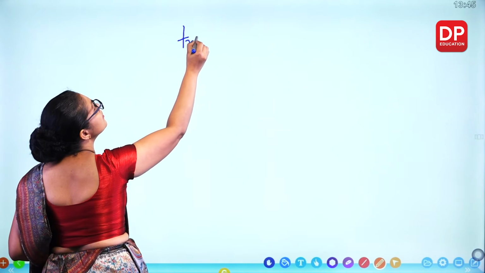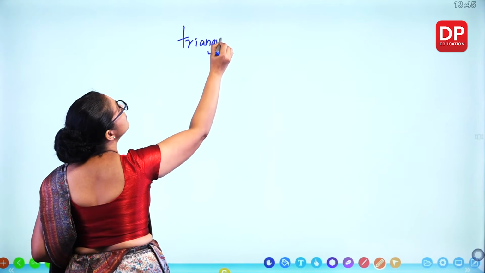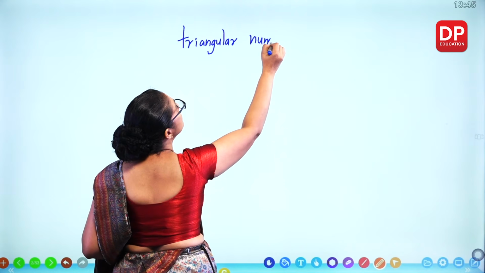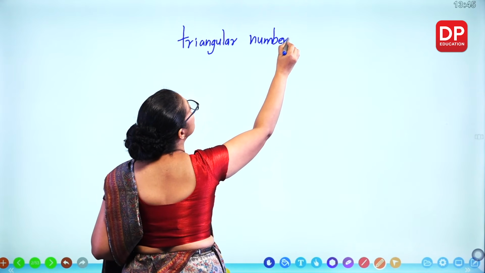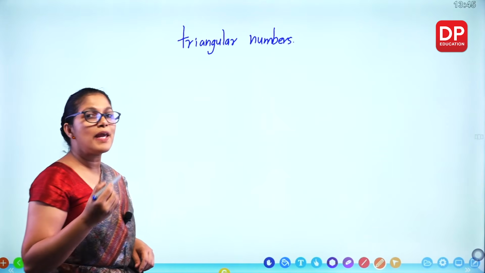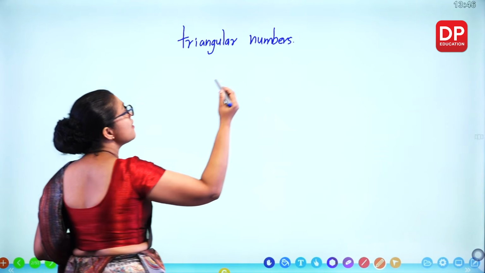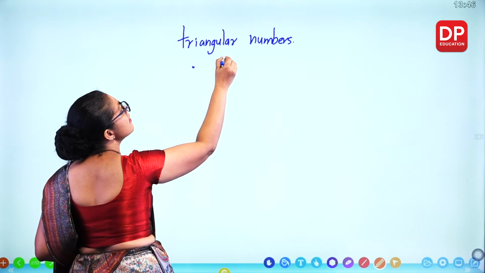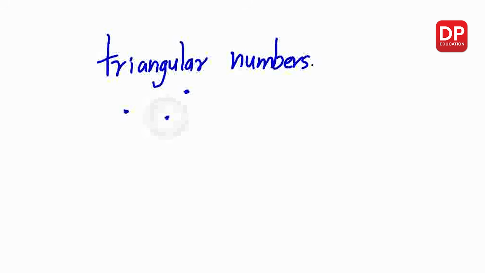Triangular numbers. What are triangular numbers? Triangular numbers are numbers which make triangles. So if I take 1, then I can make a triangle with 3 dots.